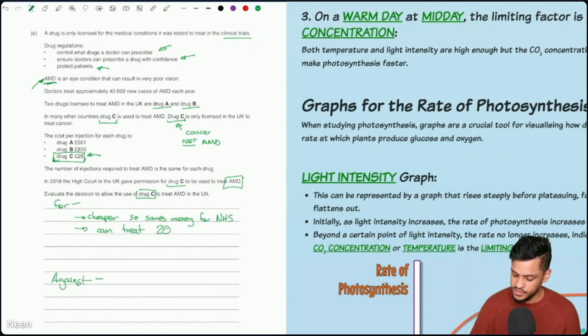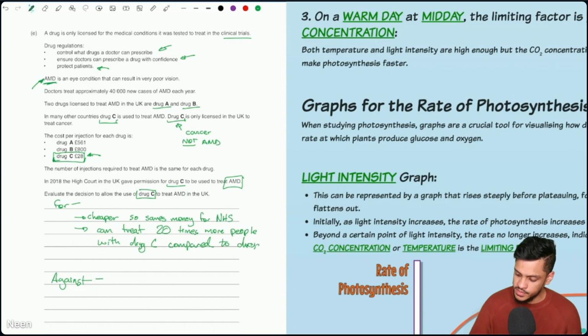Try and do some calculations if they give you numbers. 20 times more people with drug C compared to drug A. God, I've got 3 minutes left.